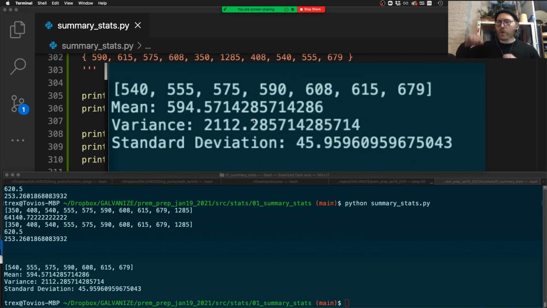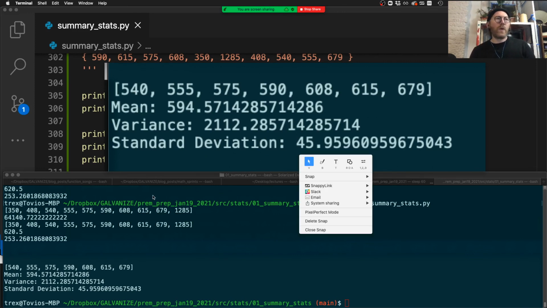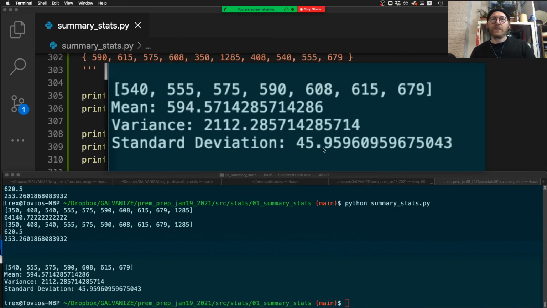Not only are we getting rid of the larger distances, we're also evening up the smaller distances, the distances between the mean and values that are not outliers. So we went from a standard deviation of 253 to 46, essentially, right?